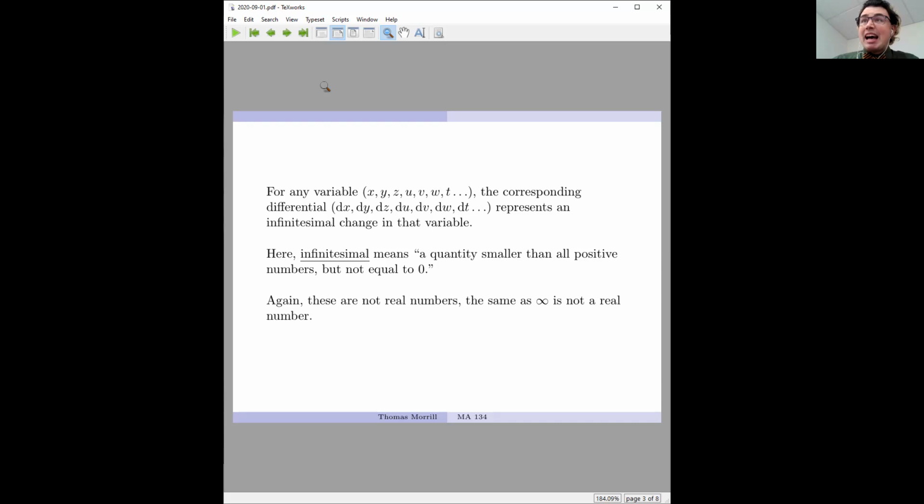So right off the bat, that rules out the number having a decimal expansion. You can't have a decimal expansion if you're smaller than all decimals. And again, these are not real numbers. They are an idealized point of view. They are an idea that lives in my head, and maybe you can make some space in your head for them to live there too.